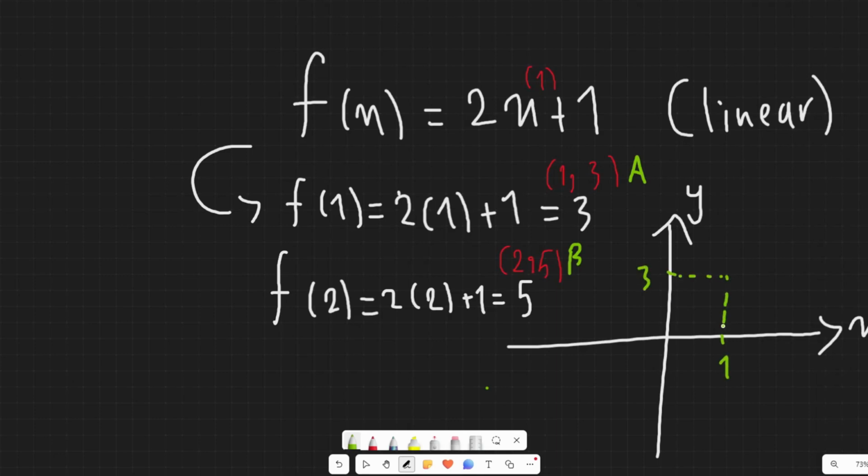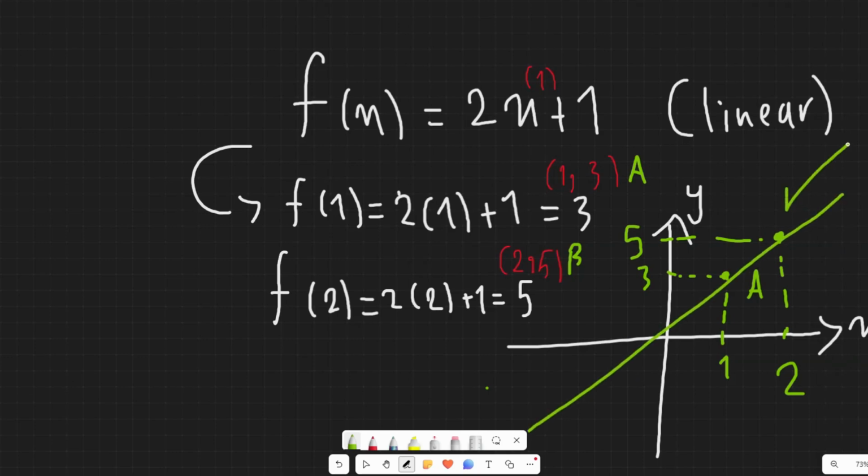This is our first point, point A. For the point B, if x is 2, y is 5. This is our second point. Okay, after finding these two points, we just connect them together and boom, that's it. That's basically how we sketch a linear function.